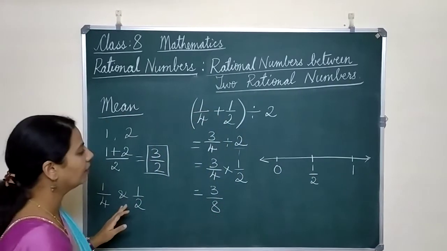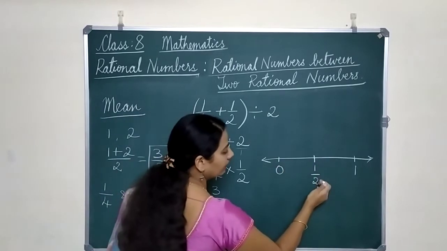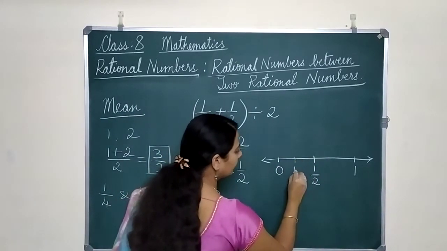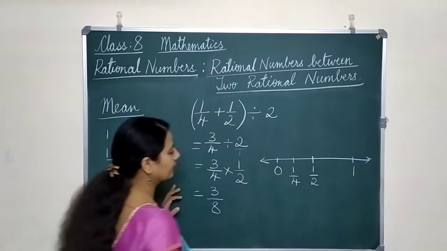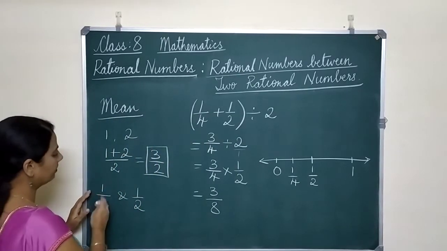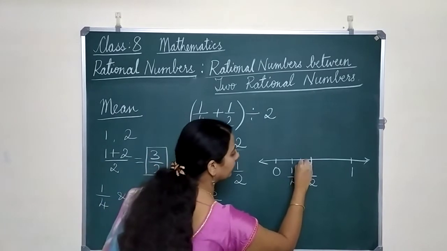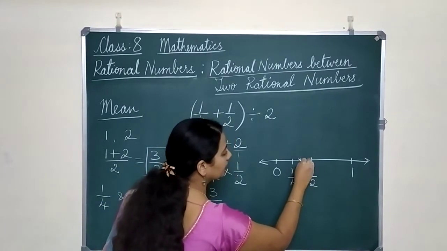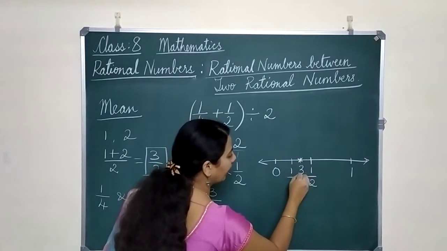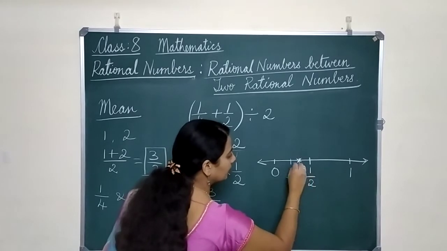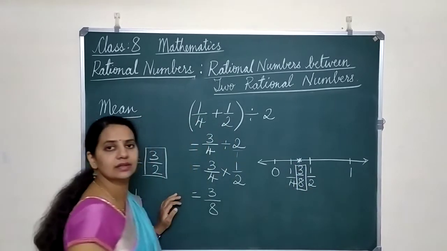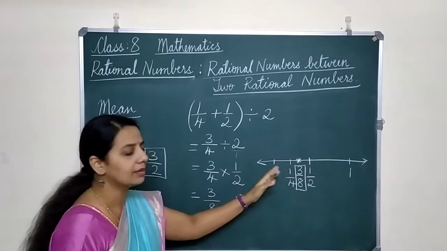Now the midpoint of 0 and 1 by 2 is 1 by 4. So between 1 by 4 and 1 by 2 lies 3 by 8, that is somewhere here. So this point is your 3 by 8. This is how we represent the rational number on the number line.